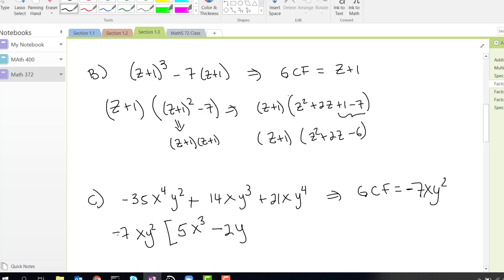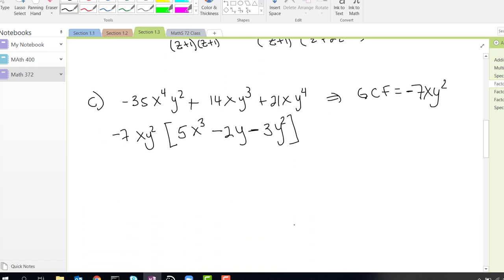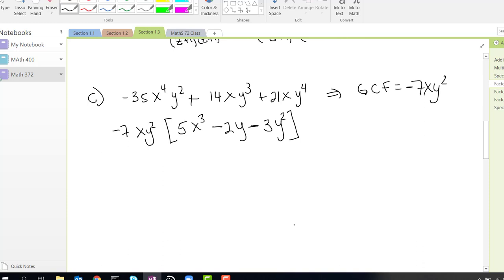And then we took out the negative, so then that's a negative, and 7 times what is 21, so that will be 3. We took out the x, so I don't write it, and took out a y squared, so to make it y to the fourth, we need a y squared. And there are no like terms there, and there's nothing else to do, so that's as far as we can go.